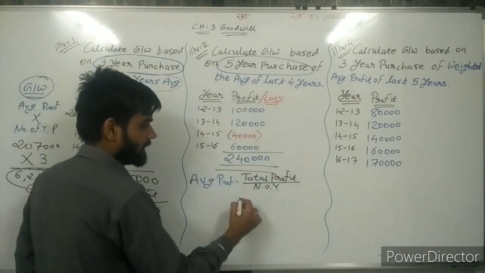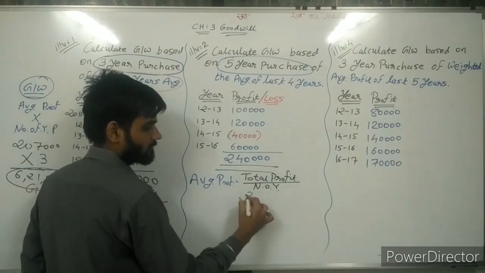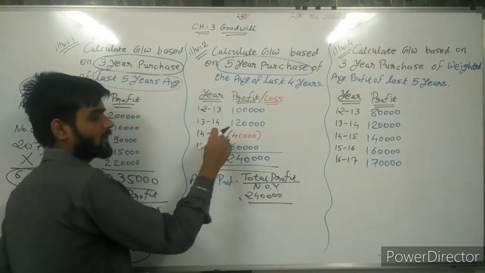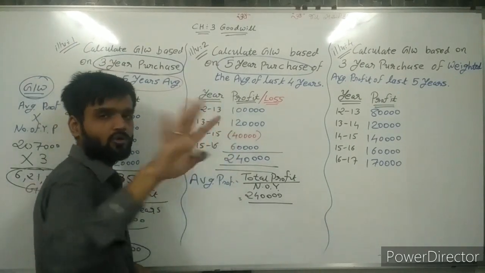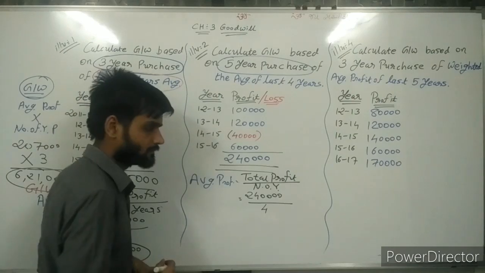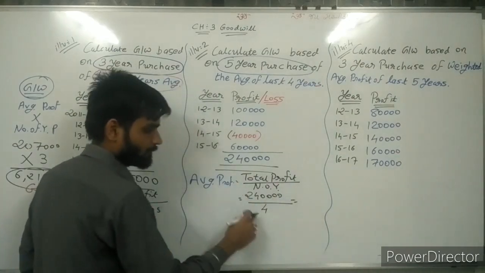Sir, total profit is given as 2,40,000, divided by number of years. Sir, here 1, 2, 3, 4, 4 years are there. So 4. Now the answer of this division.